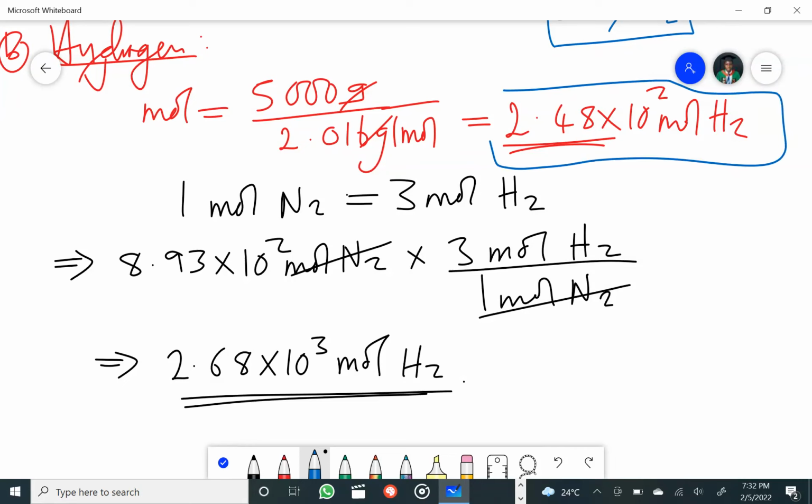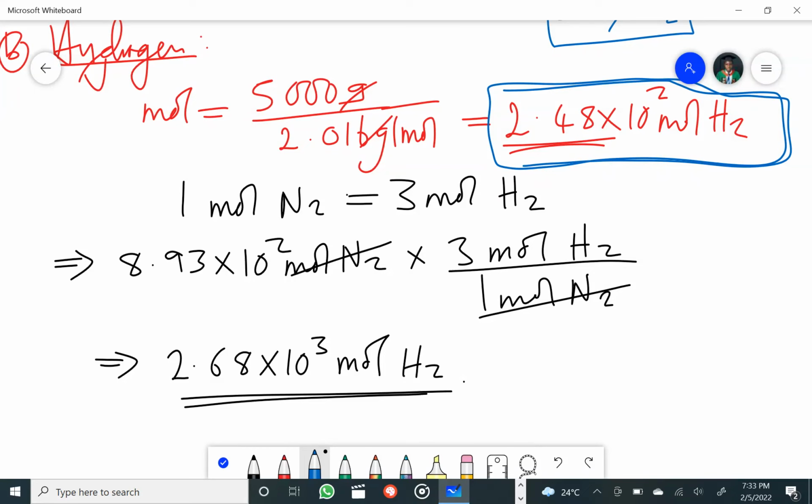There are fewer. It's just 248 moles. So it means that the moles of hydrogen that we have are going to run out whilst the moles of nitrogen are still there. So basically that's how we can find it.